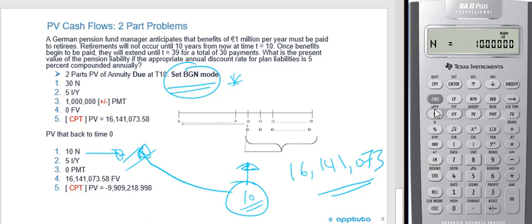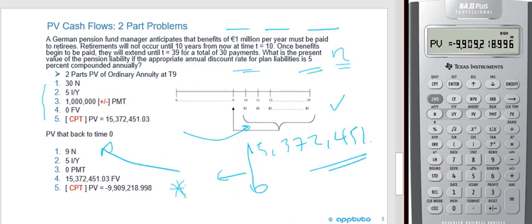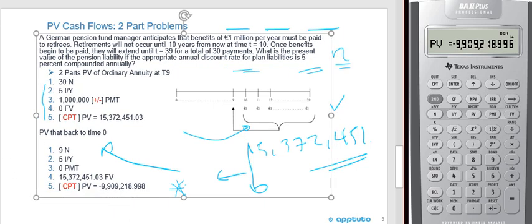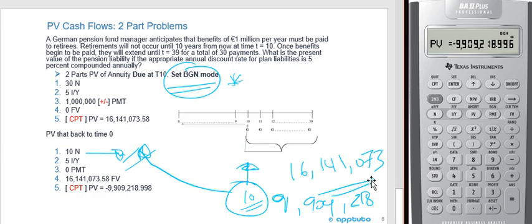So I can use 10 equals n, compute my present value, and I'm going to get the exact same number, 9,909,218 euros. If I just go back to the previous slide, yeah, you can see we have the exact same number. So that's just a little bit of practice using the timeline.